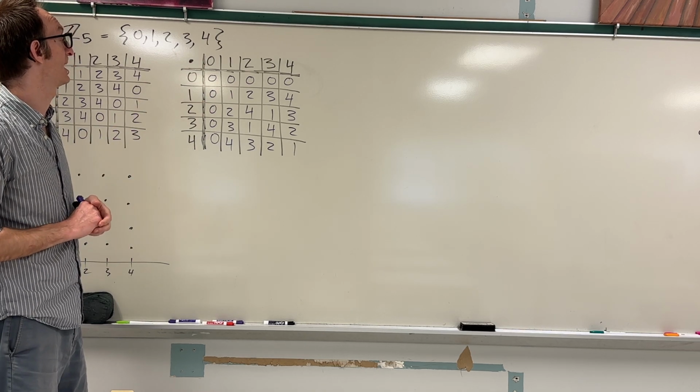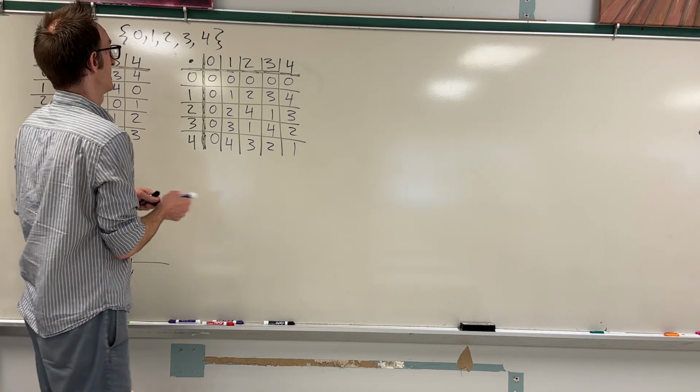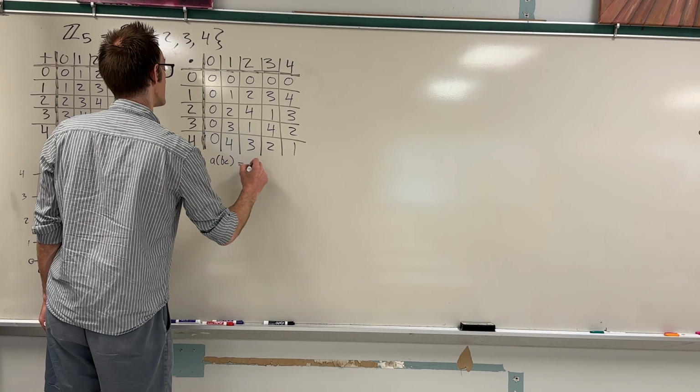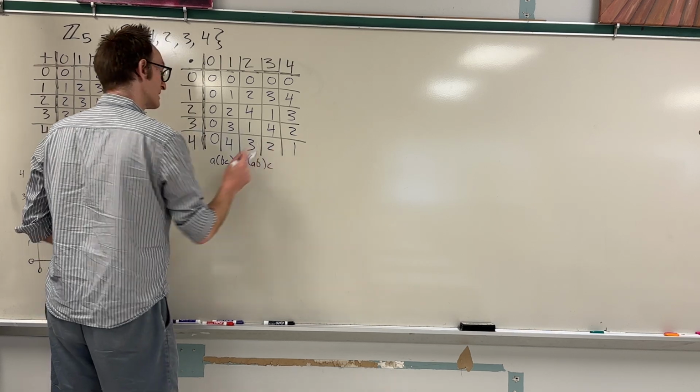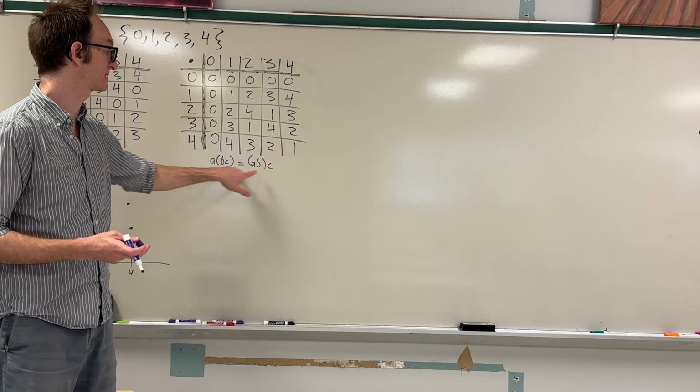It is commutative. It is associative. Again, it's kind of just obviously associative because regular multiplication is associative. So if these were normal numbers, then these two would be equal.